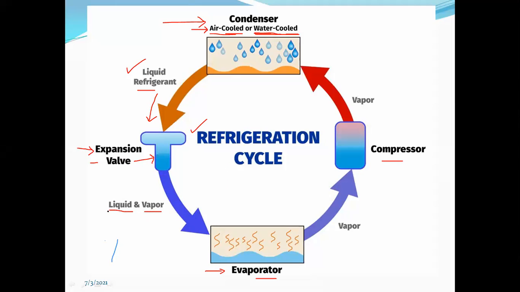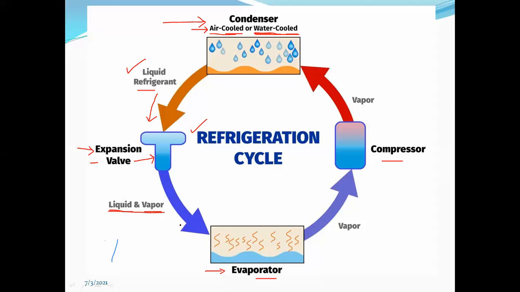So the mixed phase of liquid and vapor contains some amount of liquid and some amount of vapor. Vapor transformation is there due to the expansion valve.